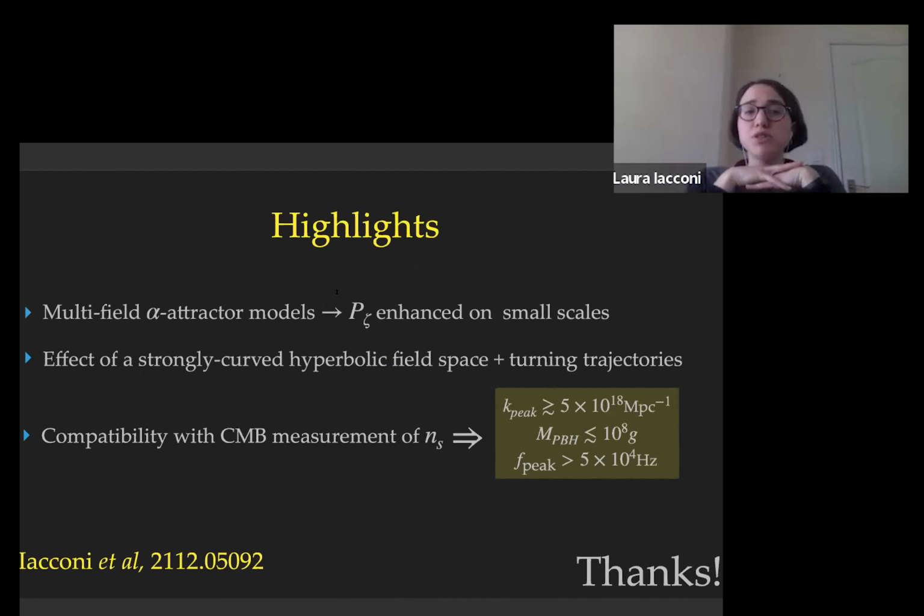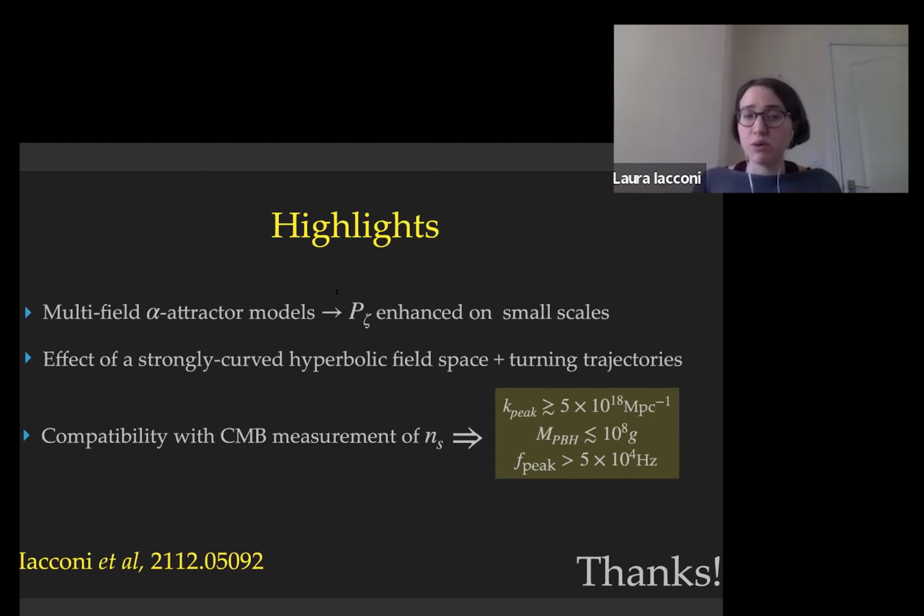So we have considered multi-field alpha-attractor models of inflation, and we have considered models that lead to an enhanced scalar power spectrum on small scales. We have found that the reason for the enhancement of the scalar power spectrum is that the hyperbolic field space is strongly curved, and this combined with turning trajectories causes the growth of the scalar power spectrum on small scales.